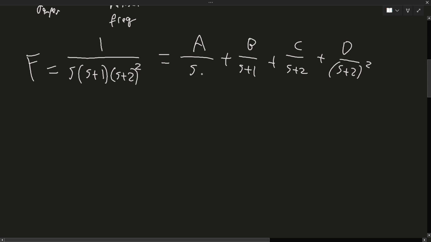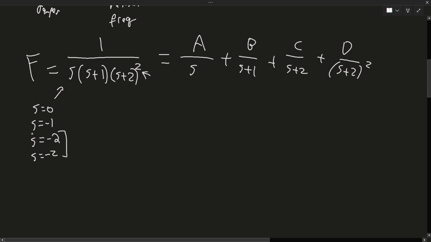But if you want to find A, B, C, and D quickly, you have to find the poles. What are poles? It's when this function does not exist, which is when the denominator is equal to 0. That happens when s is equal to 0, s is equal to -1, and s is equal to -2. But whenever you have something squared, those are called repeated poles, so we're going to write it twice.